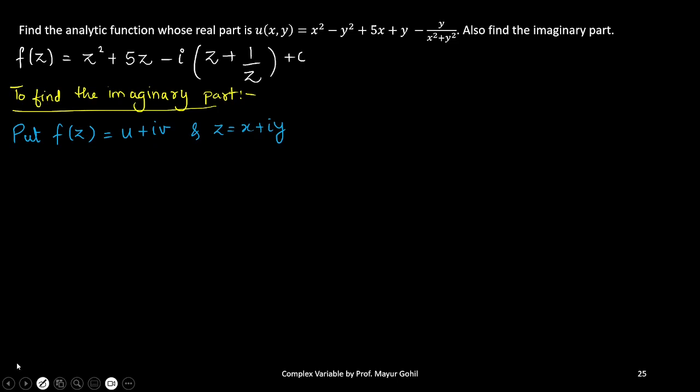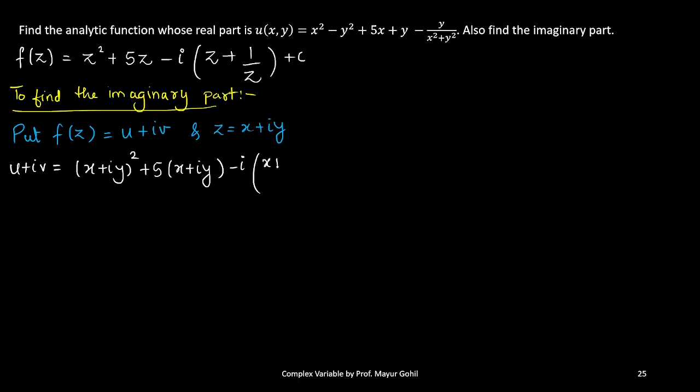So let us do that substitution. u plus iv is equal to x plus iy whole square plus 5 times x plus iy minus I times x plus iy plus 1 upon x plus iy plus c. Let's see, if we keep c aside for some time, it is okay. It won't be of great difficulty.